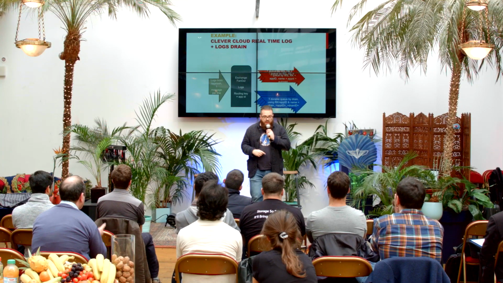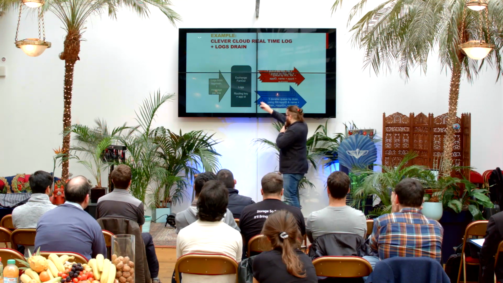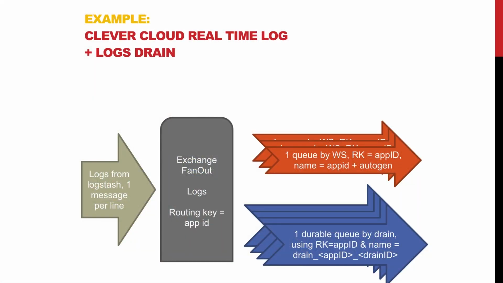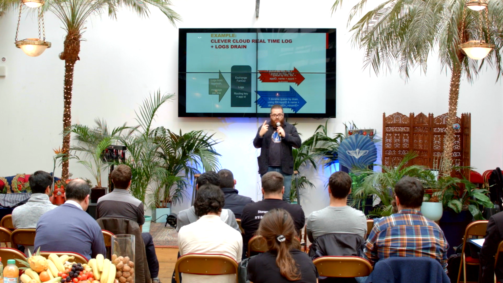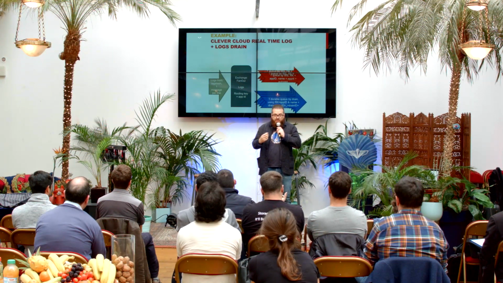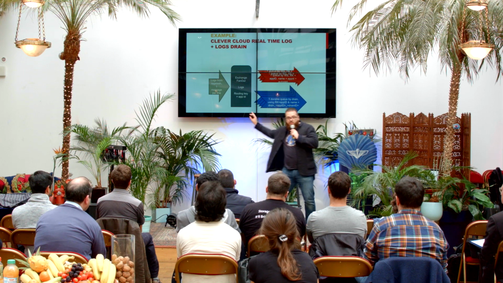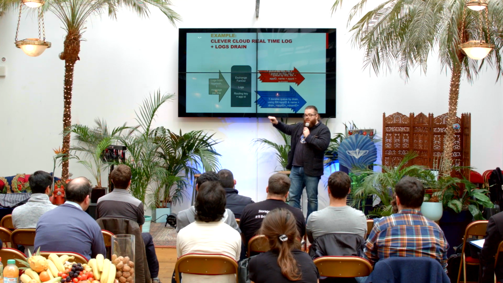Basically what we do is create a durable exclusive queue named by the drain ID. Inside the cluster, it will get a copy of all the logs. We will be sure there is only one consumer, and it will send the data to the log drains. And that way, there is absolutely no impact on the rest of the infrastructure.